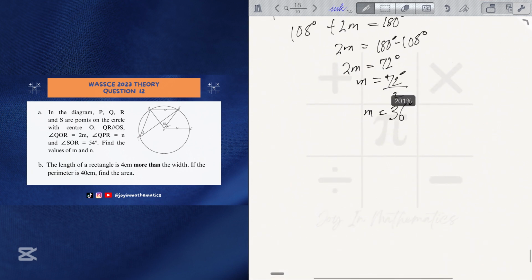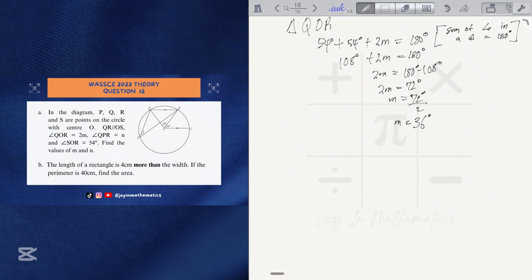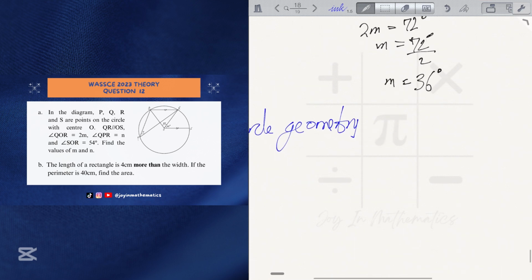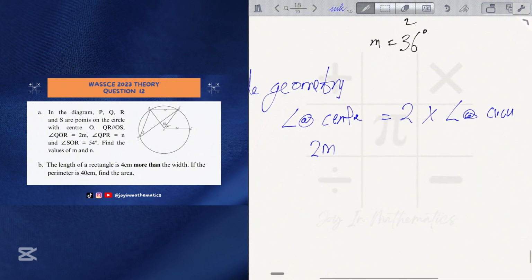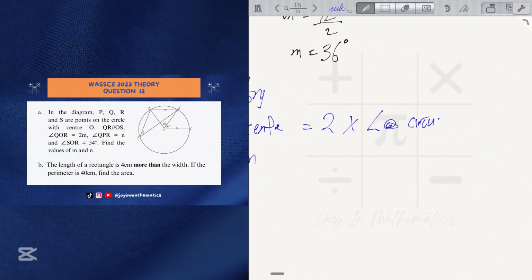Using circle geometry, we are saying that the angle at center, which is 2m, is equal to 2 times the angle at circumference, which is 2 multiplied by n.